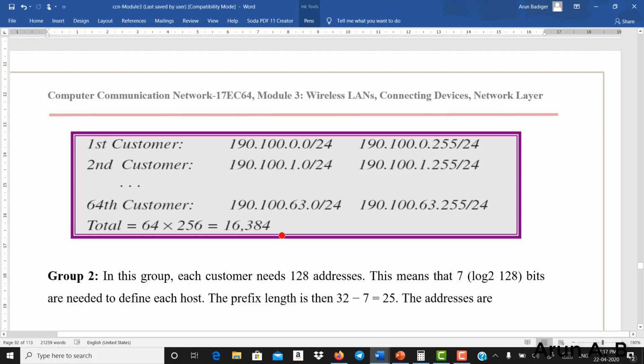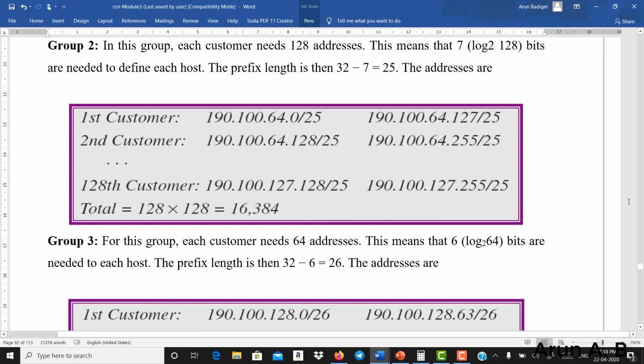Similarly, in group 2, as we have taken an example of a bank, in total we have 128 banks, and each bank requires 128 IP addresses. Therefore, the very next IP address was 64.0 and it starts from 0 to 127, next 128 to 255. So we can fit 2 customers in a single block.